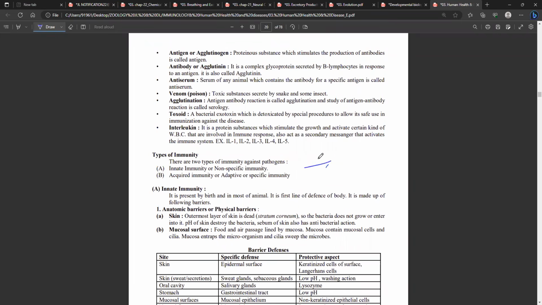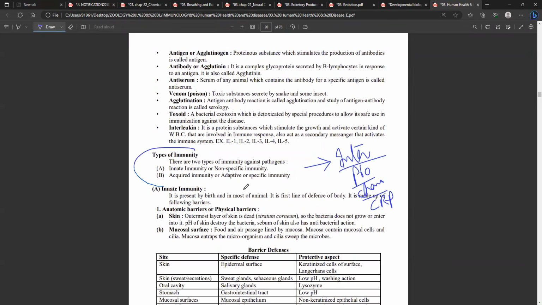And trust my words, in immunology, the key is remembering many terms, many chemicals, for example interleukins, types of interleukin, prostaglandin, chemokines, C-reactive proteins. Remembering most of the examples is the key here, not getting confused with that.